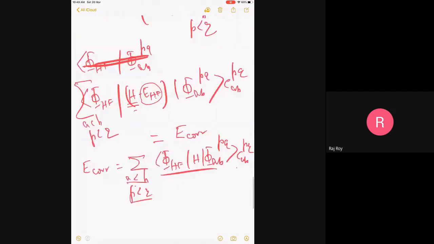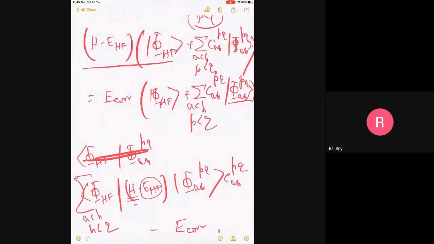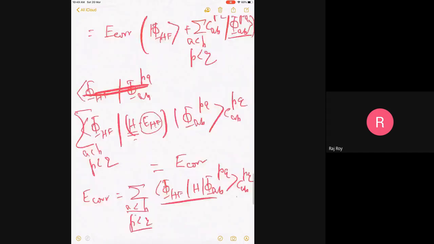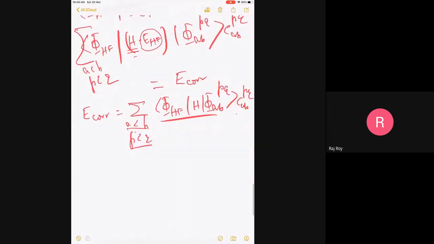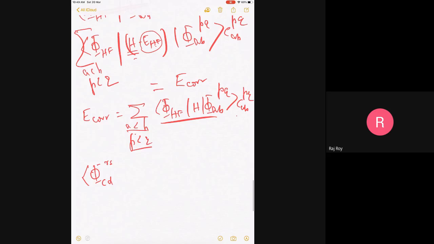Then the next is the equation for C, where I project this equation with a member of the double excited configuration. So let me write this configuration as, let's say, phi CDRS. So another double excitation. Of course, the ABPQs are used as dummy, so I'm using some other CDRS. So now again write down the H minus E Hartree-Fock.